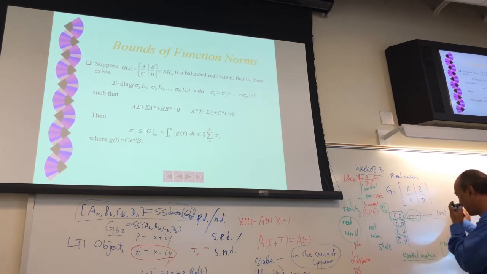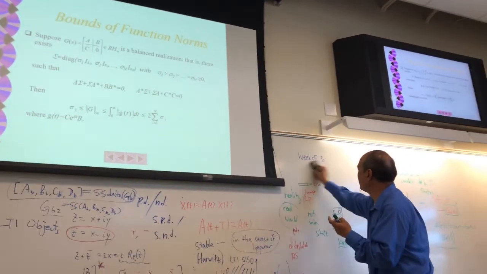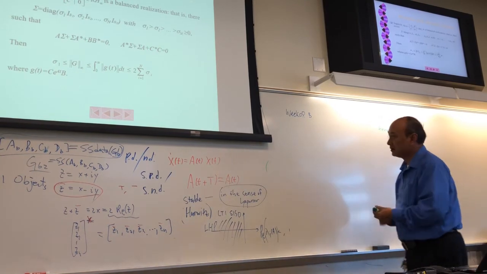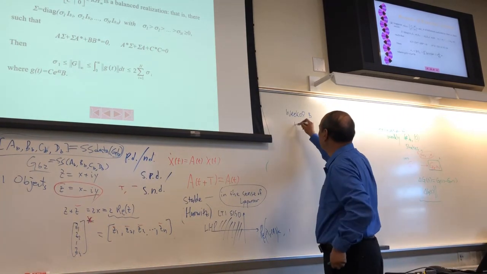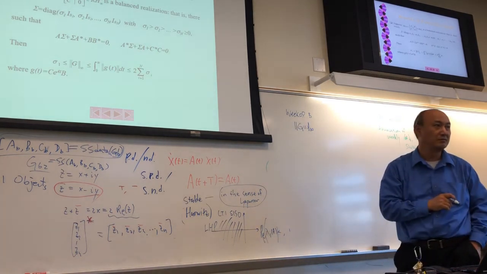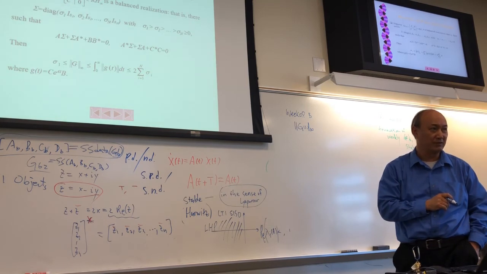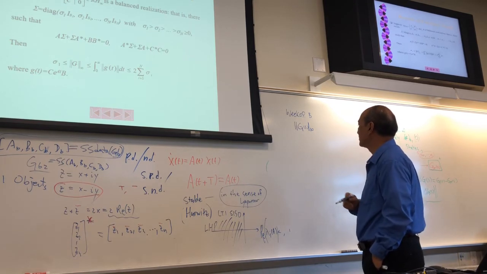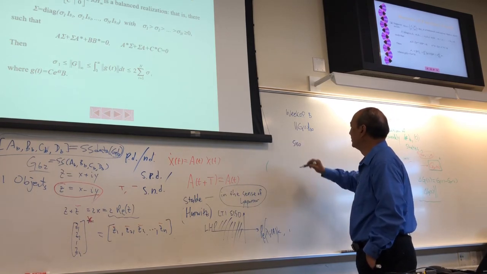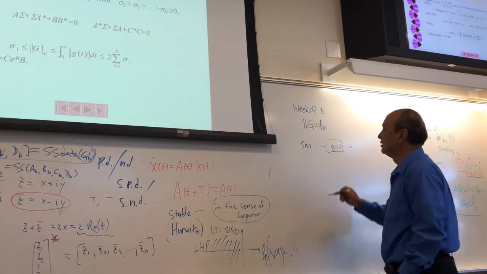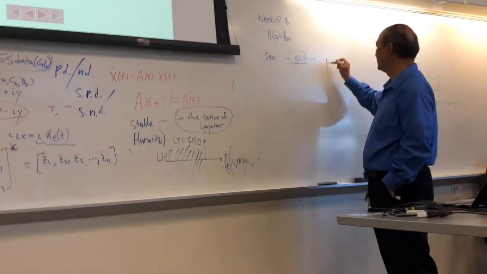Okay, so I'm going to help you understand what this is. In fact, computing this one is going to be quite difficult. But from the SISO point of view, you have a G of S, SISO. Then you can do a Bode plot.